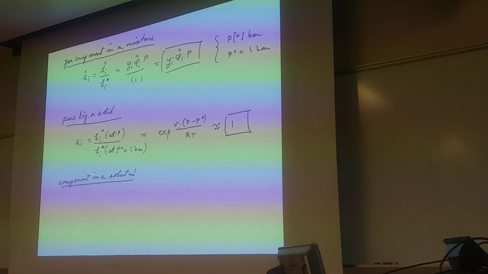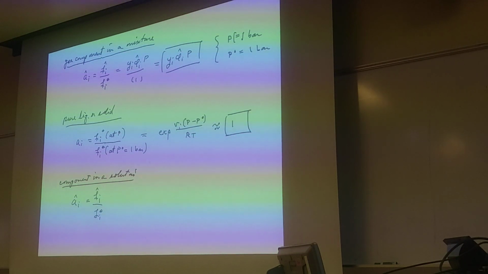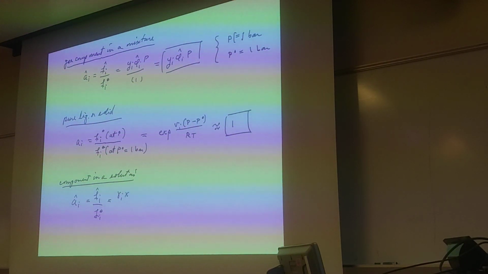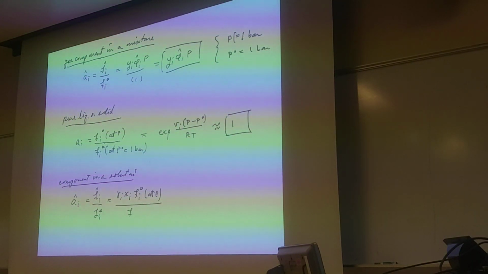So for a component in a solution, again, we've got fi over fi standard state. We write this out as gamma i xi fi0 at P, and here I've got fi0 at P0.